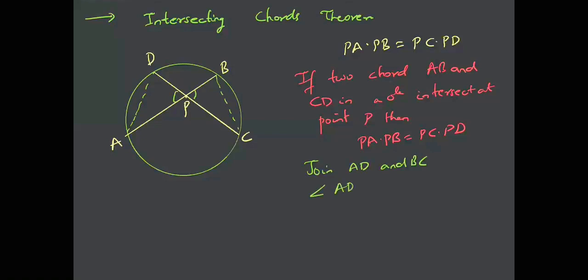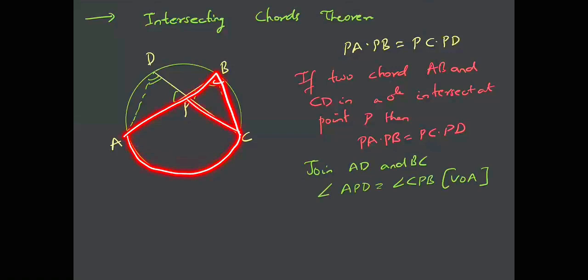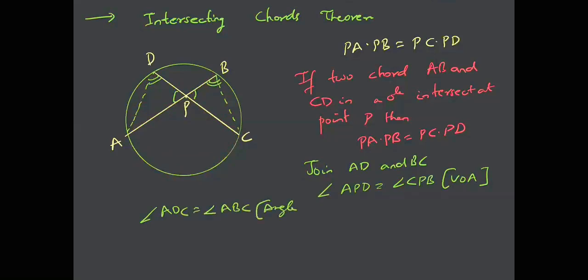Angle APD is equal to angle CPB because these are vertically opposite angles. Angle ADC is equal to angle ABC because these are angles in the same segment, subtended by the same arc AC.